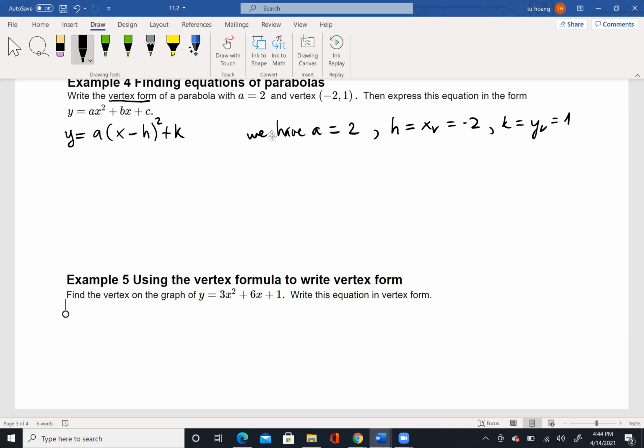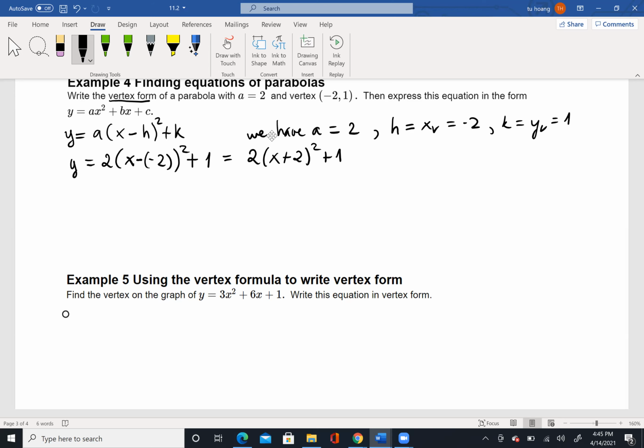So you can easily write it as y equal to 2 times (x minus h, which is -2) squared plus k, which is 1. And that can be rewritten as 2 times (x plus 2) squared plus 1.